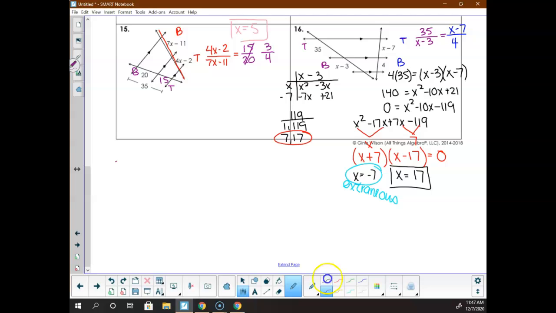So the reason some people do it is because they're like, dude, why not simplify before I cross multiply? I'm working with smaller numbers, right? And that's totally fine. So then it would only be 4 times 4x minus 2 equals 3 times 7x minus 11. That's definitely an option. Alrighty? You can do that. That's legal. But if you're just like, screw it, I'll just get it started and get it over with, that works too. Alrighty?